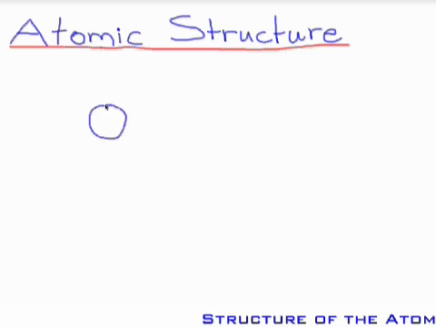If I draw a nucleus, we know the fundamental particles that exist inside the nucleus are the neutron and proton. The neutron has no charge. The proton has a positive charge.